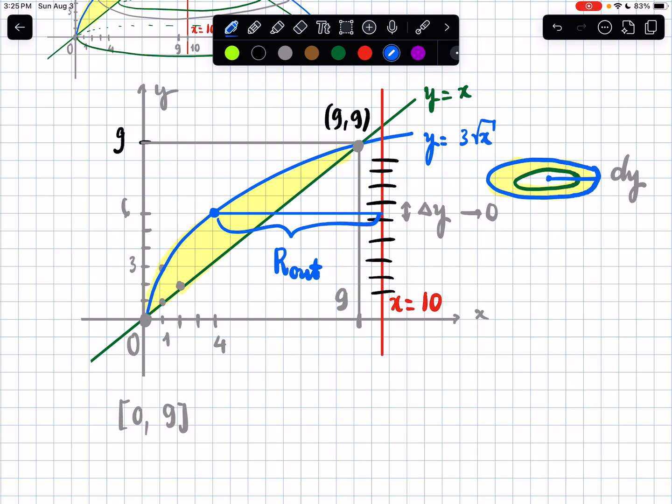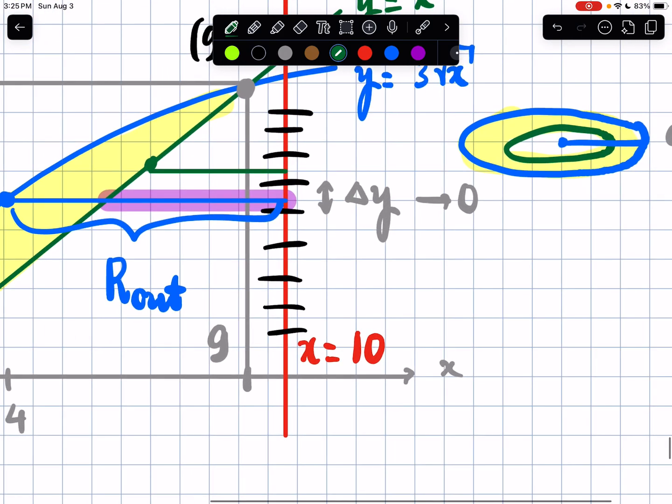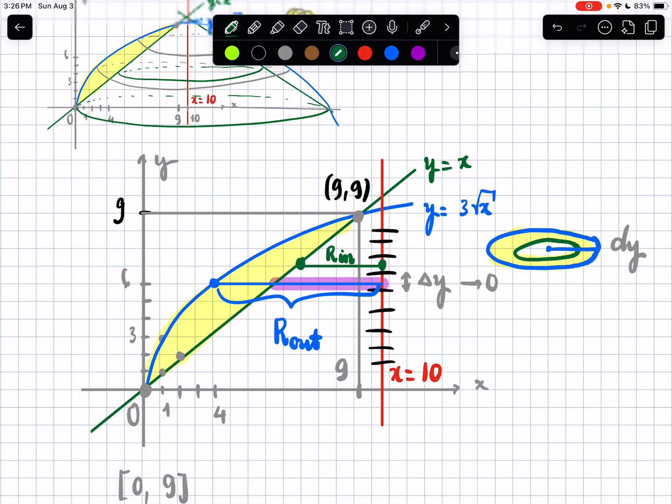And the inner radius is, if we consider the same point, the length of this segment gives us the inner radius. So the inner radius is a distance from the inner circle, so from a point on the line y equal to x to the axis of revolution. So the length of this segment gives us the inner radius.